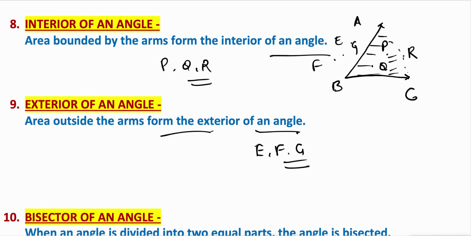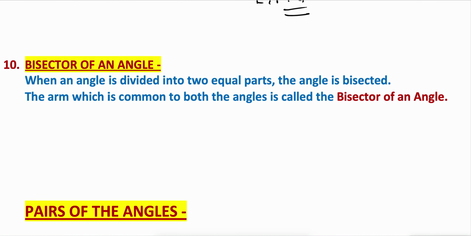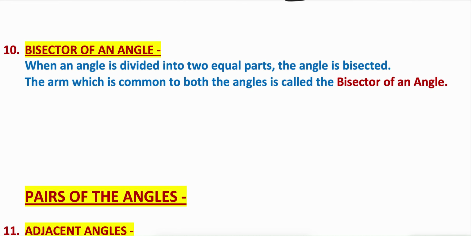Now let's see the bisector of the angle. When an angle is divided into two equal parts, the angle is bisected.